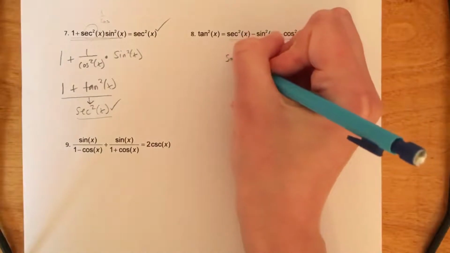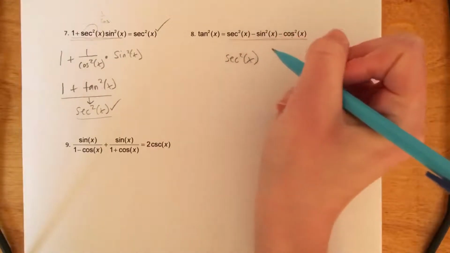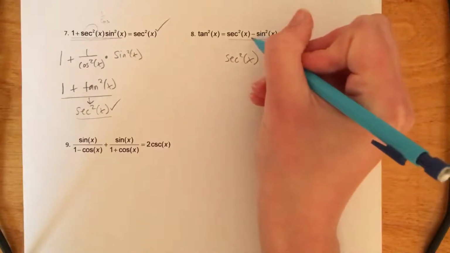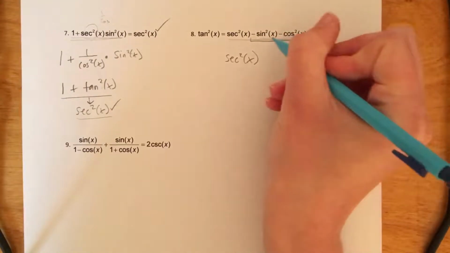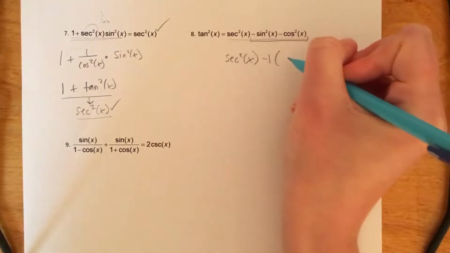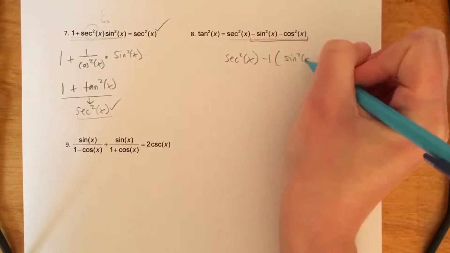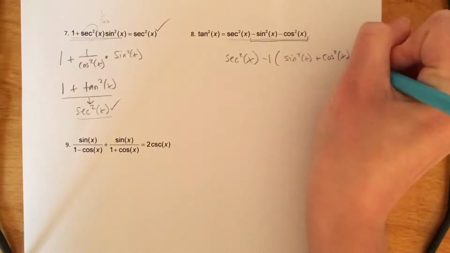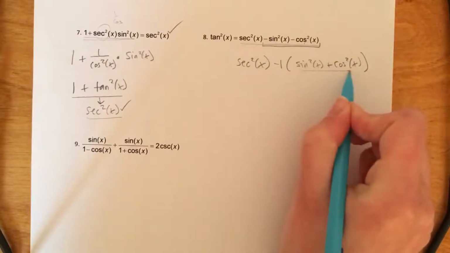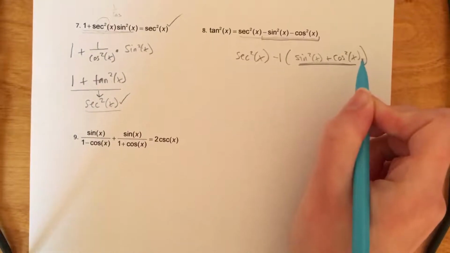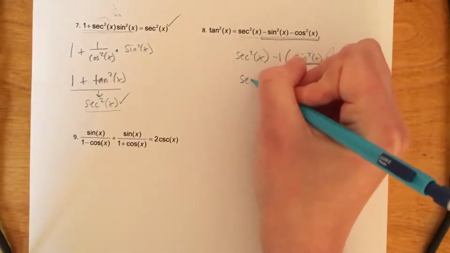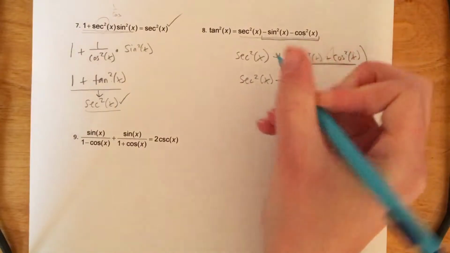I'm going to leave this as secant squared for right now, and then we can maybe change it if we need to. But I'm going to factor out these negative 1s from this section right here. They have this in common. So negative 1 times sine squared, and then this turns into a positive cosine squared of x. Now this part in here is one of our identities, and that's worth a 1. So we don't even need that part anymore. We just have secant squared of x minus 1.